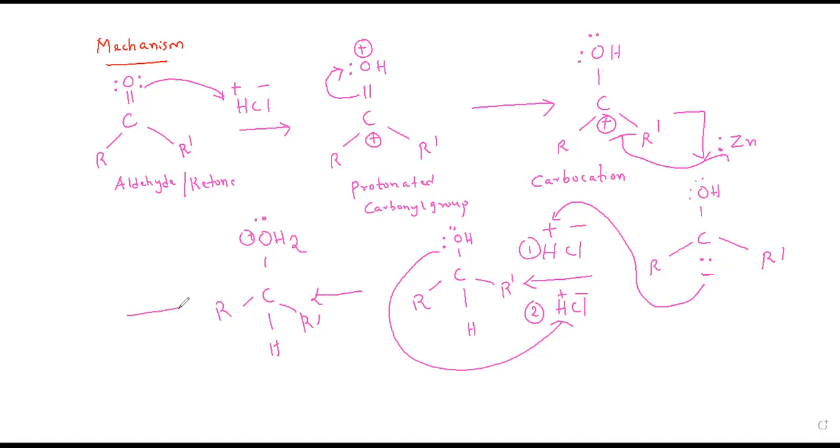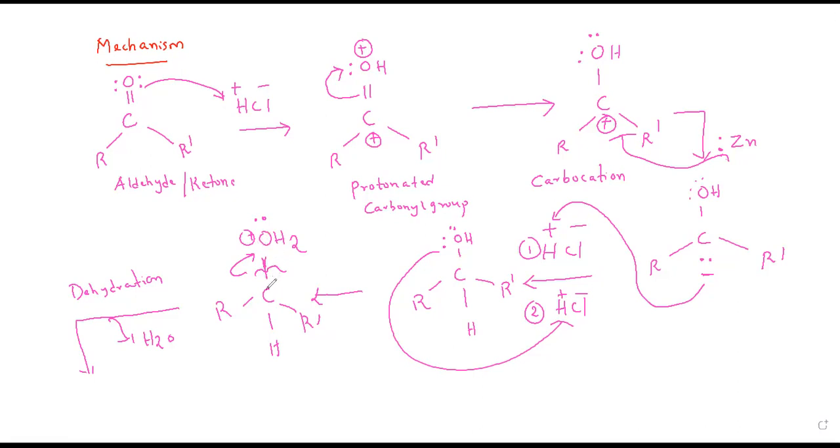So in the next step, what happens? Dehydration takes place. What is dehydration? Removal of water. How can you remove water? If I break the bond between carbon and oxygen. What happens if you break the bond between carbon and oxygen? The electrons will come out and migrate towards the oxygen atom. Why? Because unless oxygen gets two lone pairs of electrons, the water cannot be eliminated, because oxygen gets this stability.